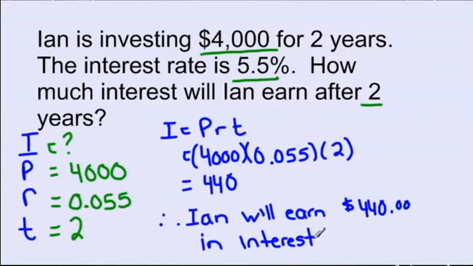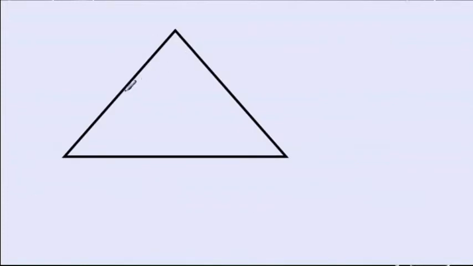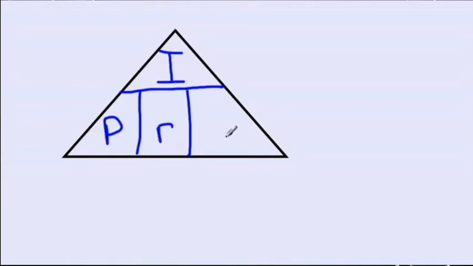Sometimes we aren't asked for the interest, but we're actually given it. So how would we solve for the other variables? Well, we can set up a triangle that looks similar to this. I is at our top, that's interest, P for principal, R for rate, and T for time. So we know I equals PRT. What if we wanted to solve for P?